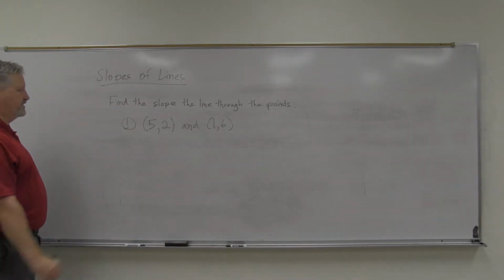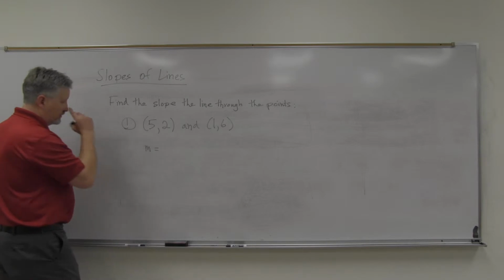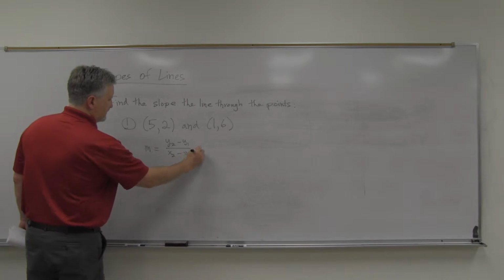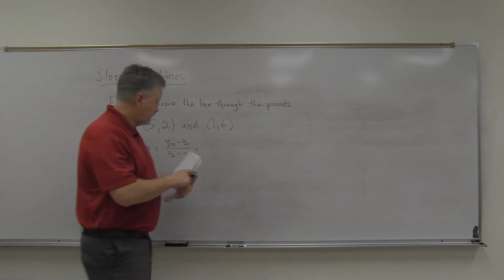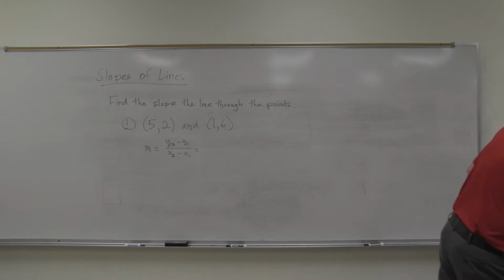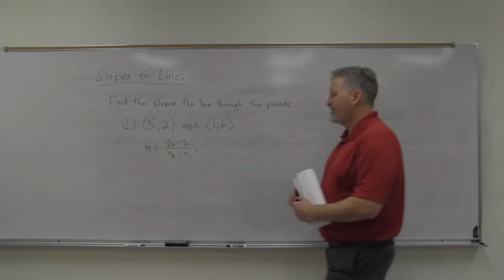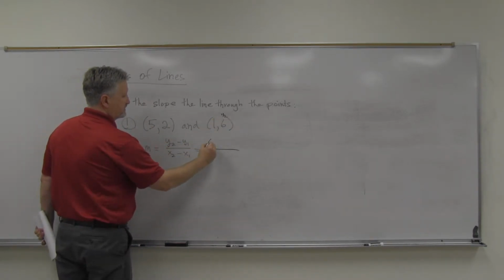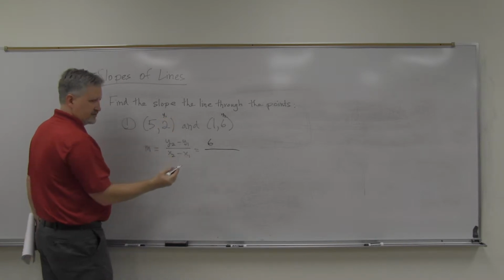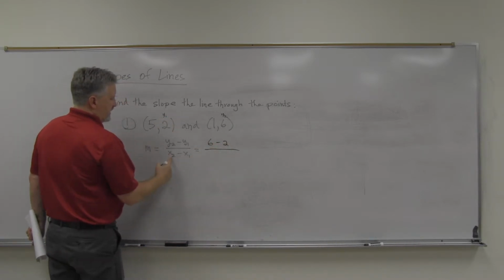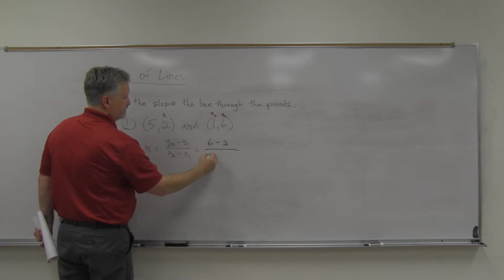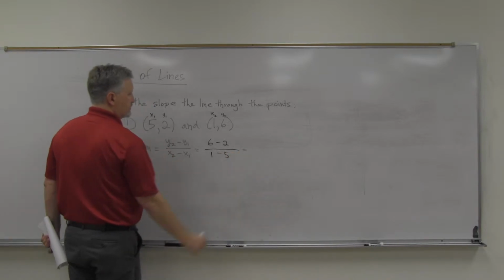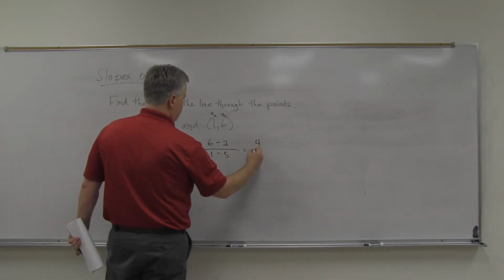There are different ways, but if we use that formula, we take y2 minus y1 over x2 minus x1. All that means is you take the second y, which in this case is 6, minus the first y, which is 2. And then x2, the second x, is 1, minus the first x, which is 5. And so that's 4 over negative 4.